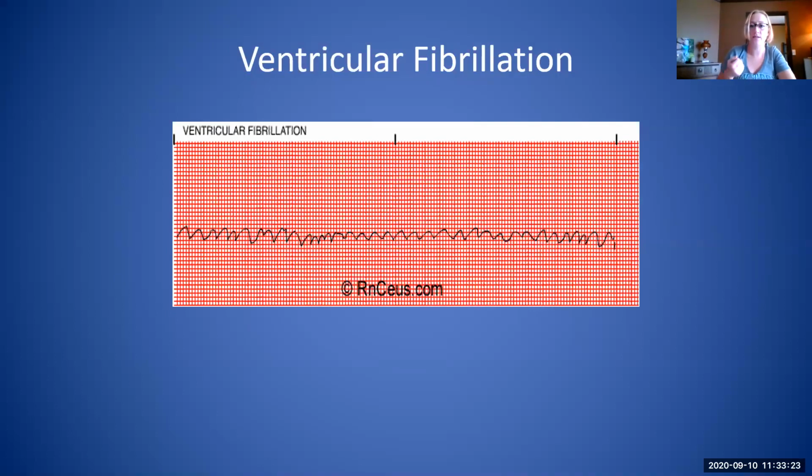So VFib is always pulseless. VTach could have a pulse, but VFib is always pulseless. They just have that multiple foci that are firing in a disorganized manner, and the ventricles are not able to contract. So you're going to do CPR and defibrillate as fast as possible.